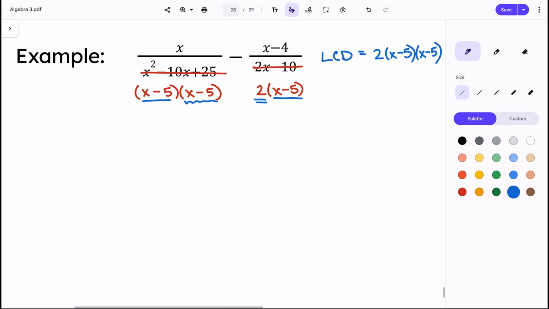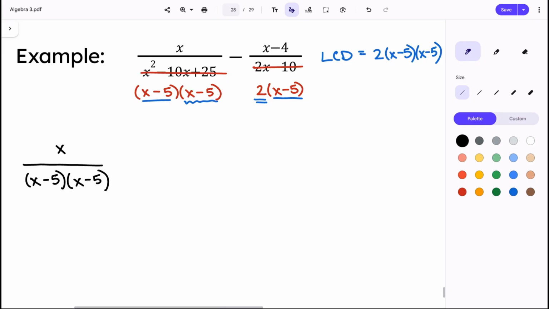So I'm just writing that out so I can see I need the bottoms to look like that before I can do anything here. And now what I'm going to do is try to make sure that I get there. So with my LCD, I'm going to take this expression and rewrite it down here. So I'm going to take that x and put it over x minus 5, x minus 5.